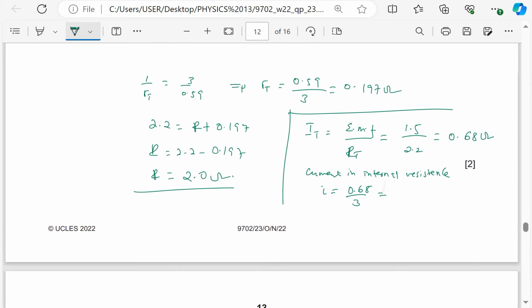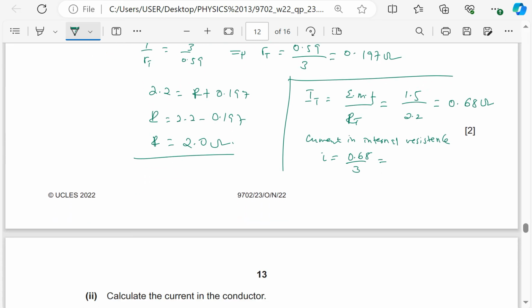And you recall that EMF is going to be equal to the terminal PD plus the lost volts. So the EMF is 1.5. Remember, the effective EMF is 1.5. Then the terminal PD will be equal to the current, which is 0.68, times the resistance of the conductor.